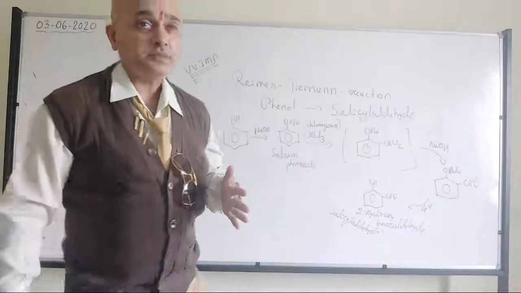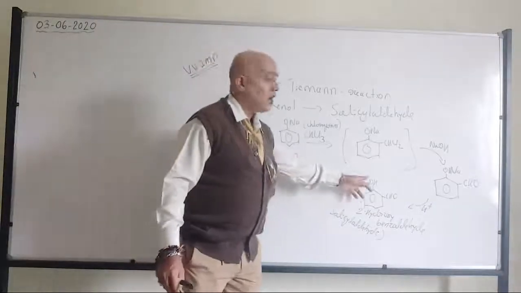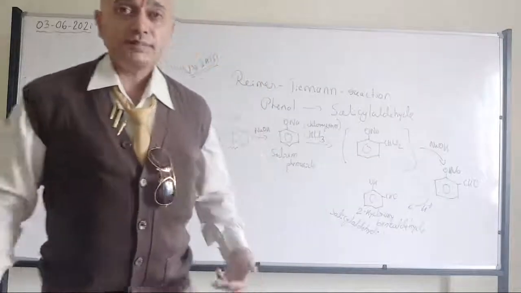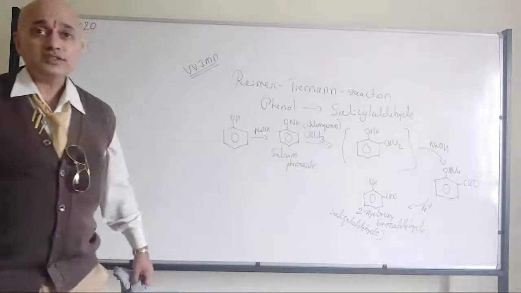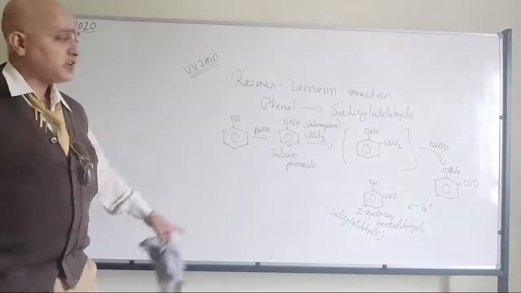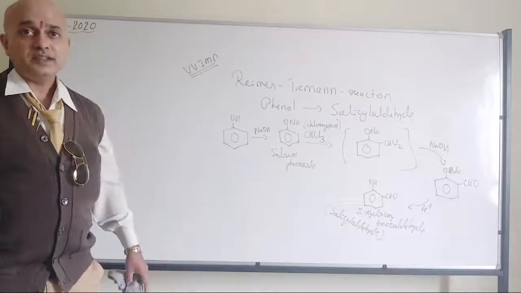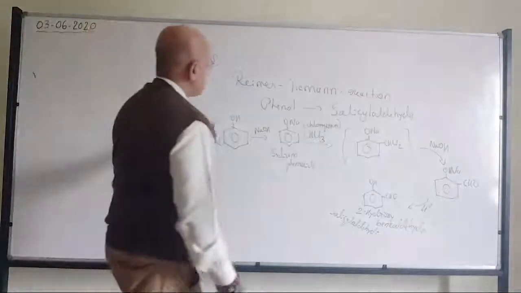No, it's not possible because even the OH group can get oxidized, especially when you are using a strong oxidizing agent. Therefore, we cannot prepare salicylic acid from salicylaldehyde due to the presence of the OH group.